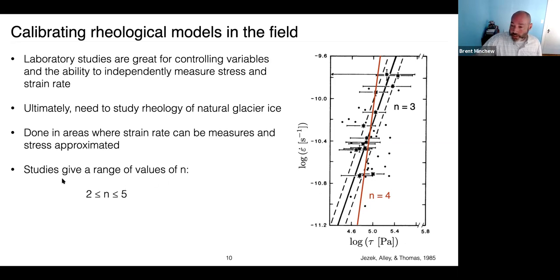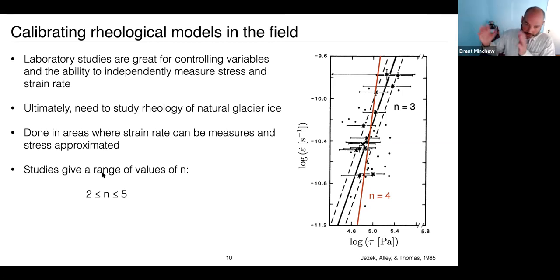Now, a number of these studies have been done, giving an example of a classic one here on the right-hand side by Jezek, Richard Alley, and Bob Thomas. This is from the 1980s, where they looked at the flow of ice shelves, and we're going to revisit a study very similar to this in this particular talk. But taking all these studies together, to include the Jezek study, we basically get a range of n values, as I mentioned before.